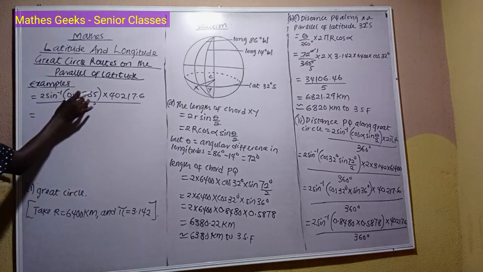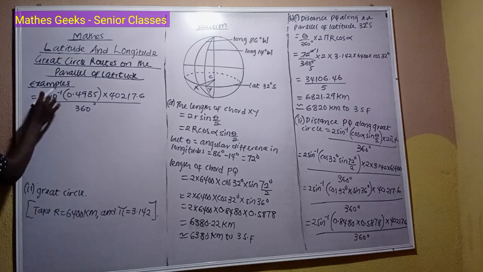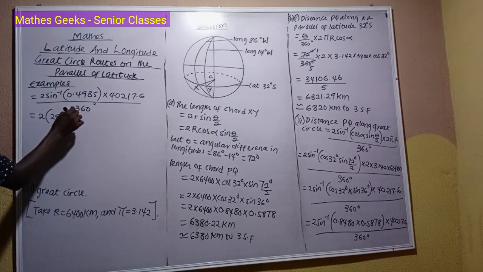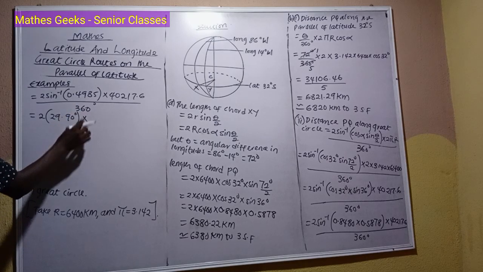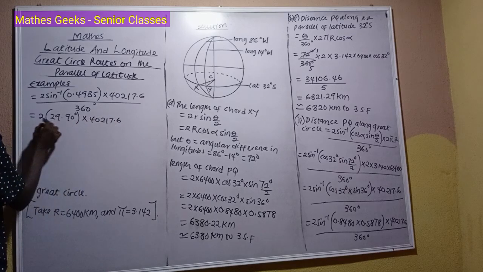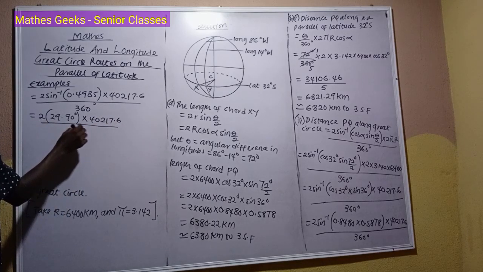So let's get arc sine of 0.4985, which is 29.90 degrees, times 2, times 40217.6 divided by 360 degrees.